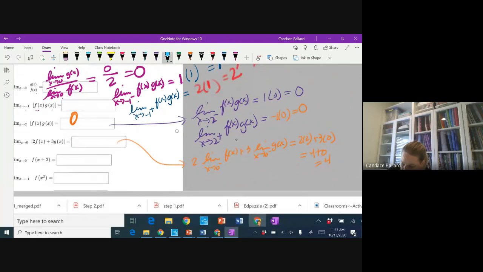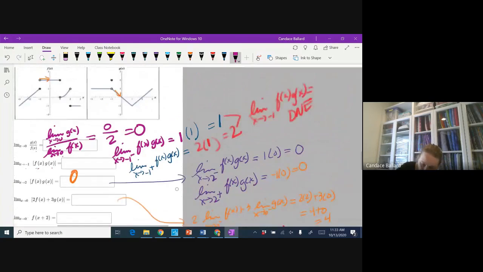And now we're going to look at 2 times the limit as x approaches 0 from the left of f of x, I'm sorry, the right, plus 3 times the limit as x is approaching 0 from the right of g of x. All right, so I'm going to go back to my graph. 0 from the right here is equal to 1.